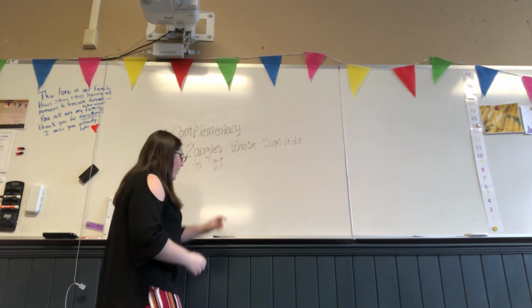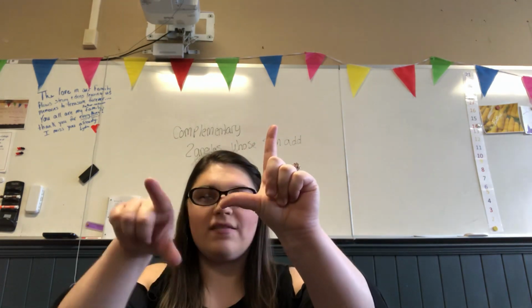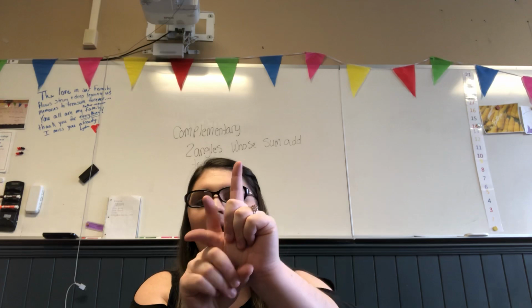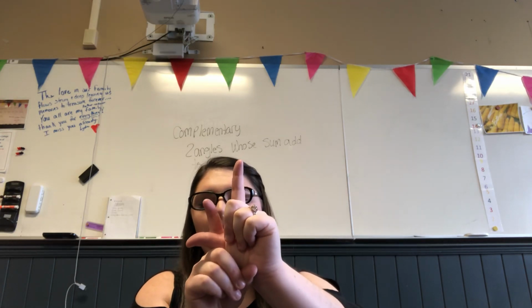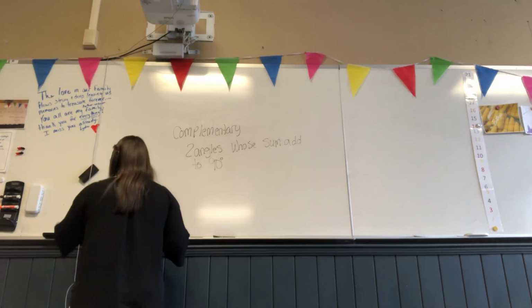So if you can think about it, you can remember complementary as corner. So complementary as a corner. So it has to make the corner, but it has another angle going through it as well. So these 2 angles add up to equal 90 degrees. So that would be complementary.